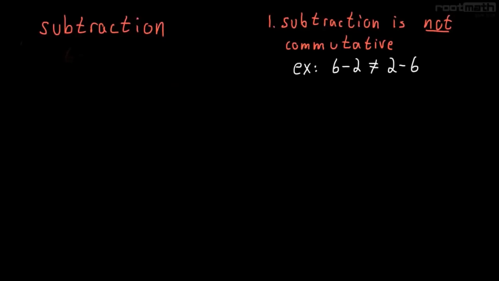There's other things wrong with subtraction. For instance, subtraction is not associative. So an example of that would be 9 minus 4 grouped minus 1 is not equal to 9 minus parentheses 4 minus 1.